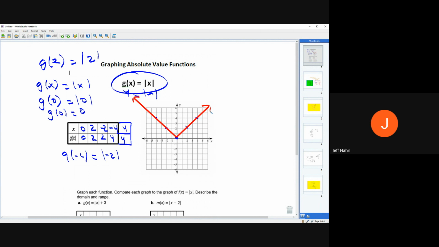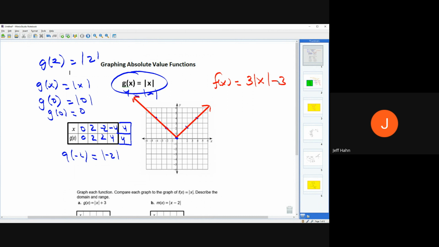Anytime you see, if I were to give you this, and I'm not going to do this, let's say I just had f of x equals 3 times the absolute value of x minus 3. If you see that absolute value symbol in there, you are going to get a V. It's just going to be at a different place. So get that in your mind. Absolute value gives you a V. Absolute value gives you a V.